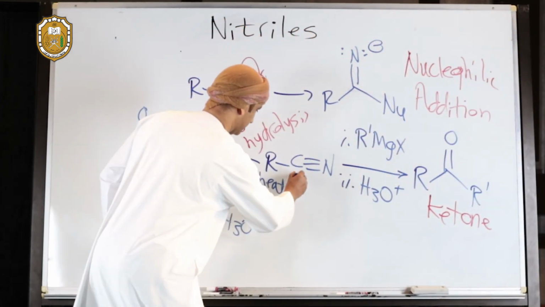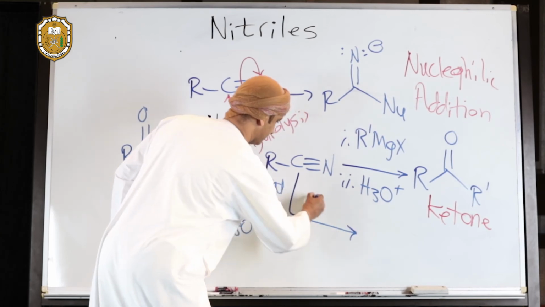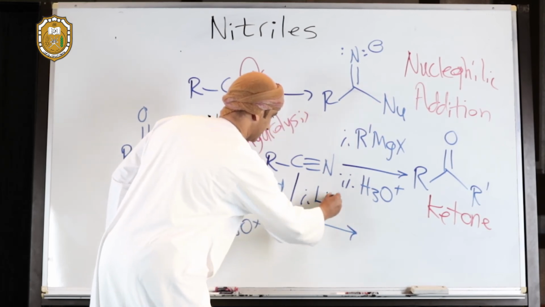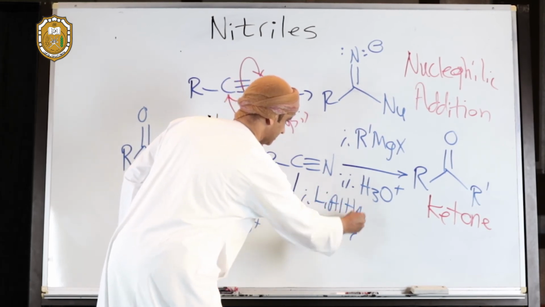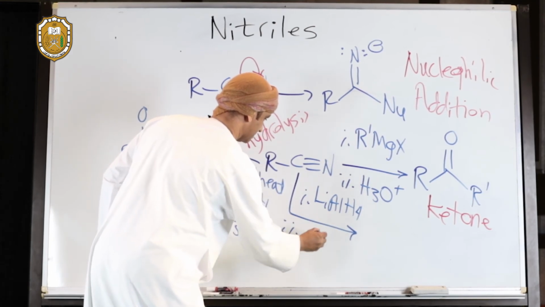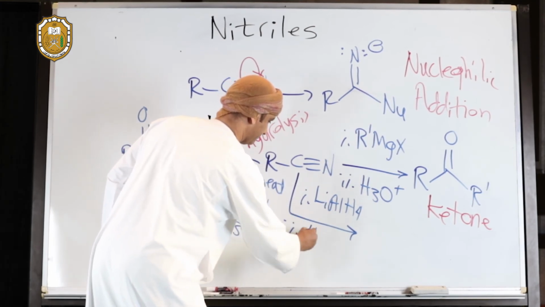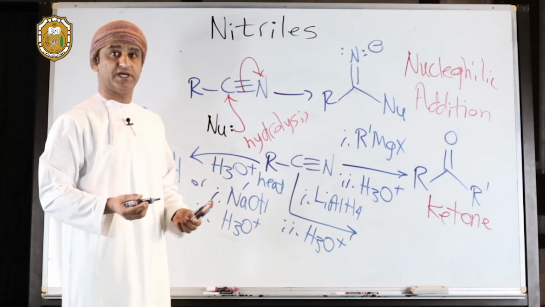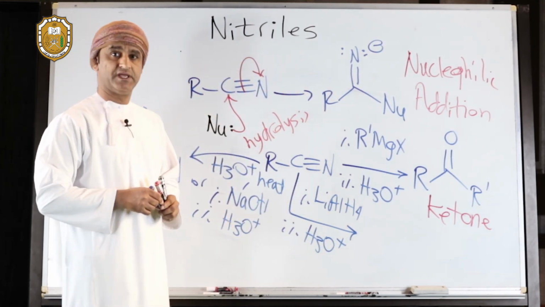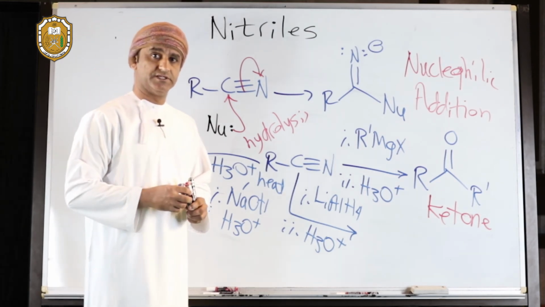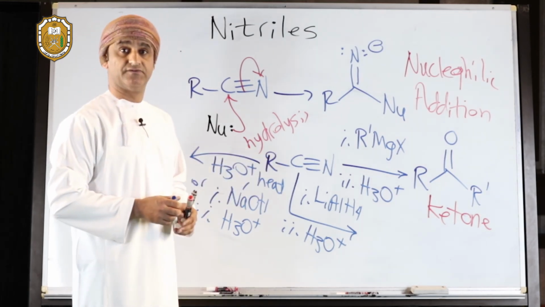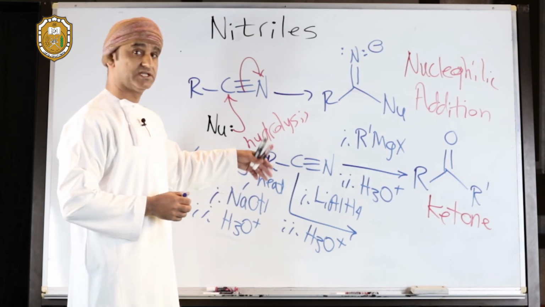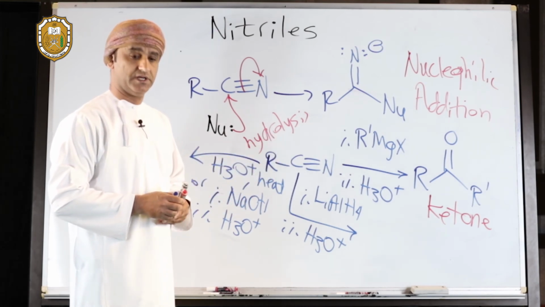So nitriles can undergo reactions with hydride ions, such as those from lithium aluminum hydride, a strong reducing agent, which gives the hydride ion as the active nucleophilic species, which acts as a nucleophile, in this case to do the nucleophilic addition on nitrile.